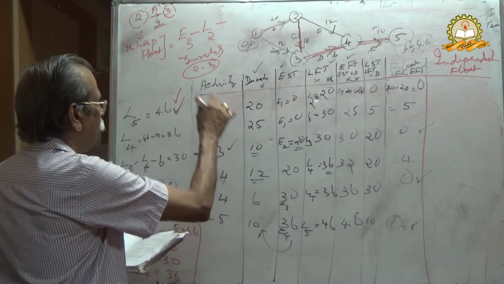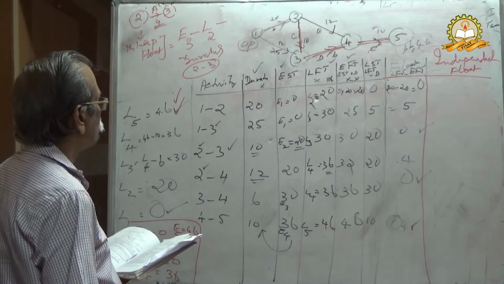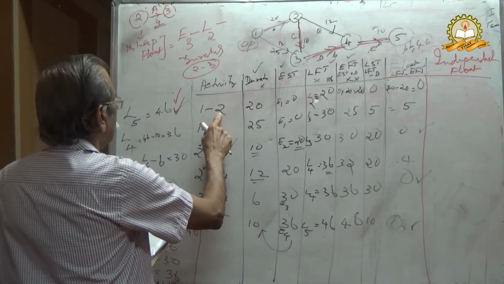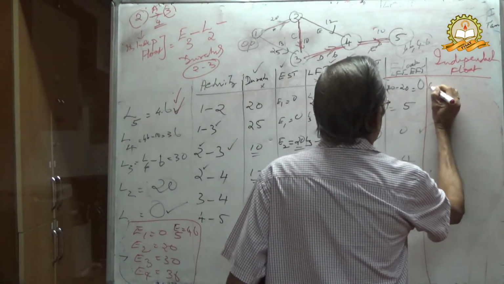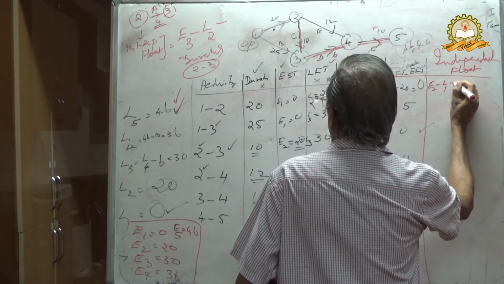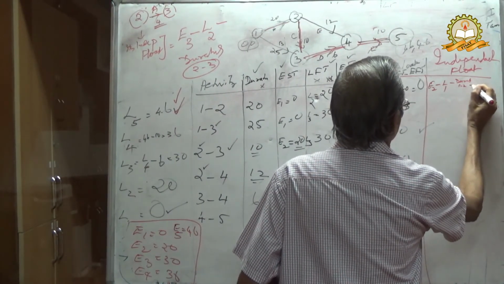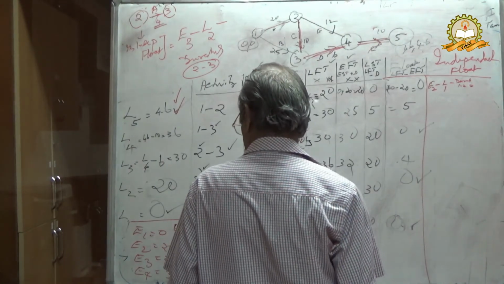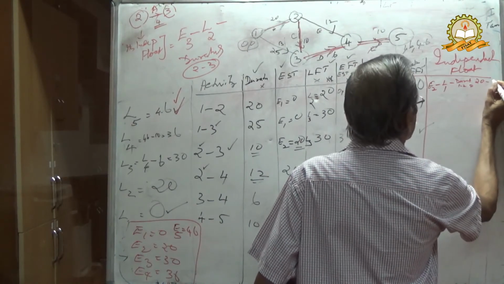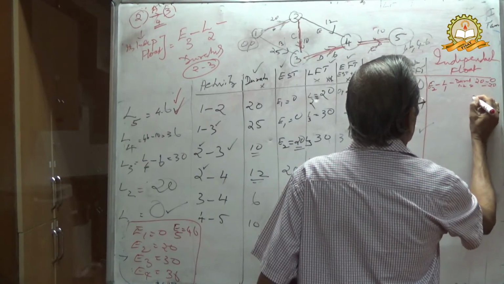Therefore, in the case of 1-2, you have E2 minus L1 minus duration of 1-2. E2 is 20, minus L1 0, minus duration of 1-2, 20, equal to 0.